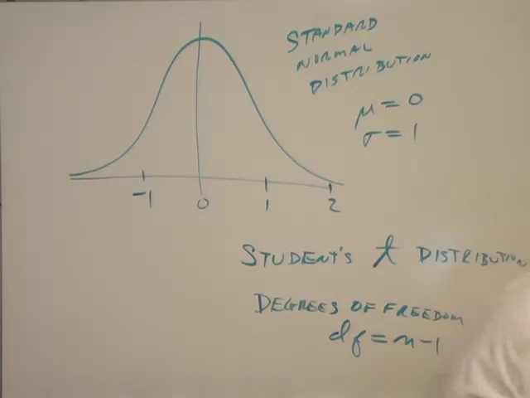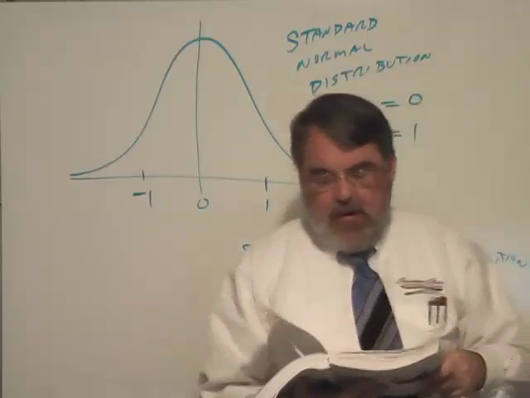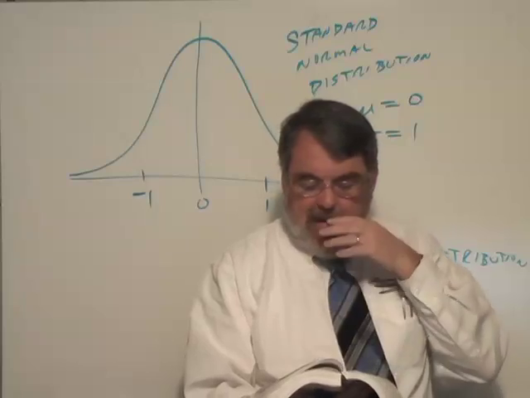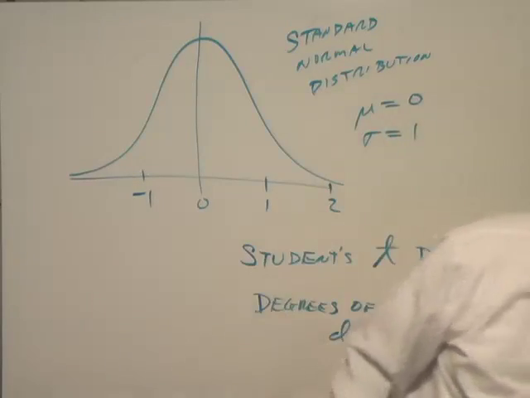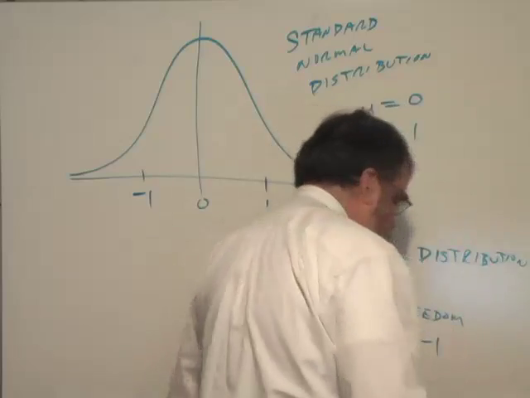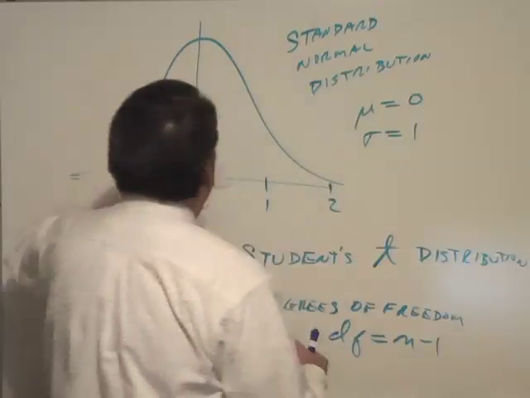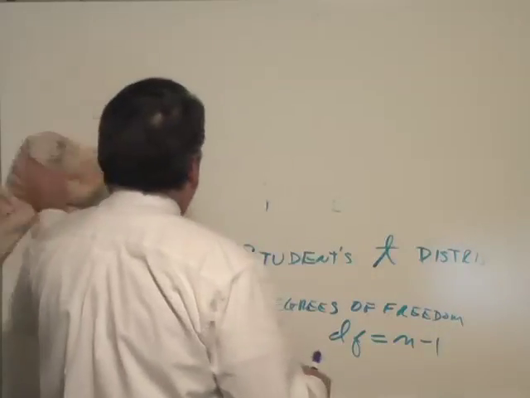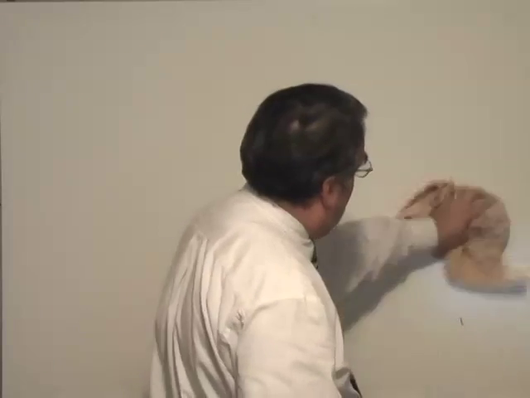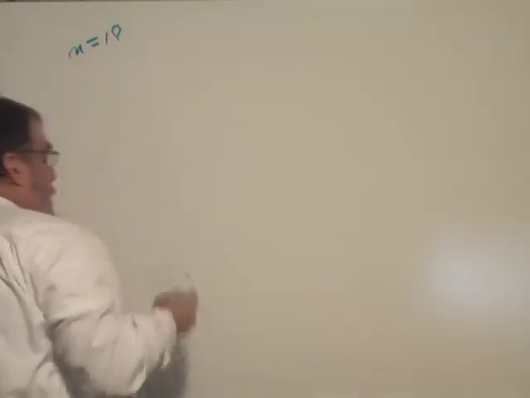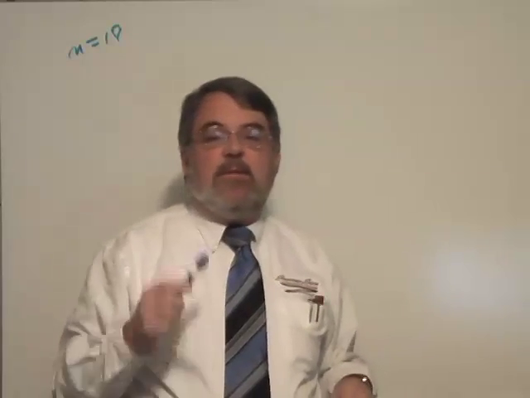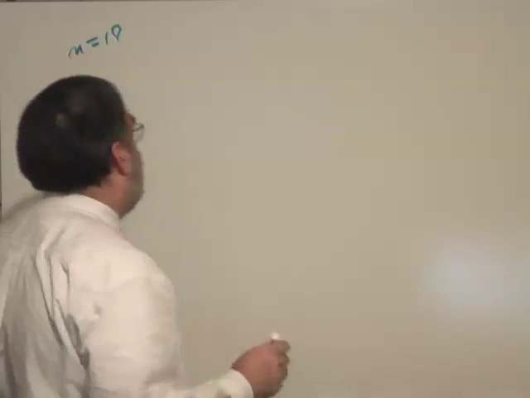So let me look at my book here, get my place. Yeah, let me go ahead and give you an example. Suppose that we had, let me erase the board here, a sample of 18. N equals 18. And we want to know the t-score associated with a probability of 0.025.